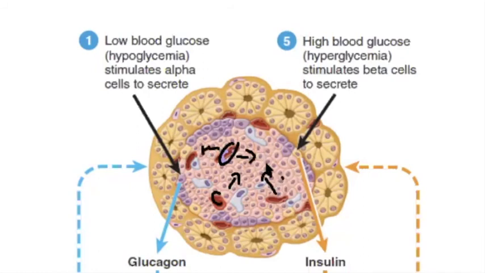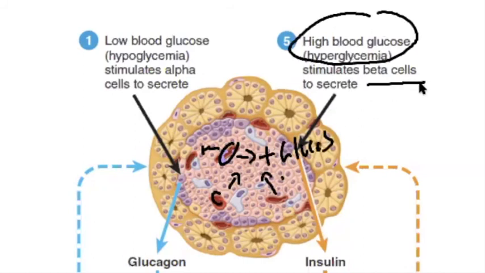If there's a lot of glucose, it stimulates these beta cells, which makes them secrete insulin into the blood, which is going to travel around the body and have all those effects. Once it does its action, your glucose is taken up into those cells and your blood glucose levels decrease.